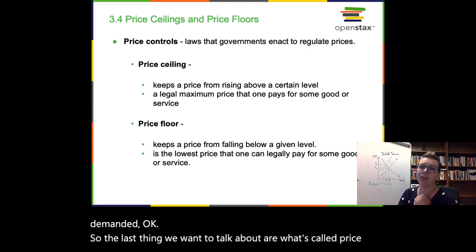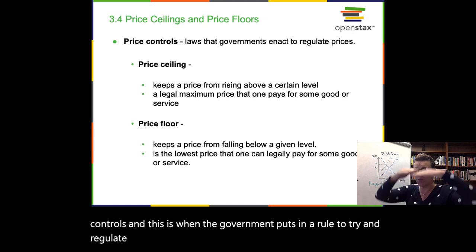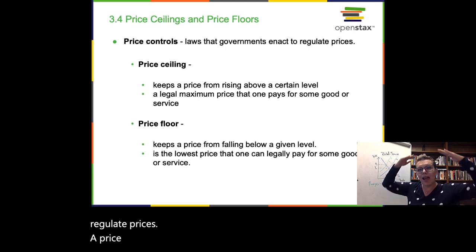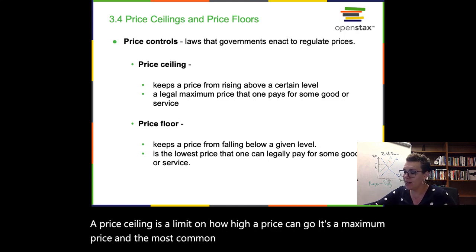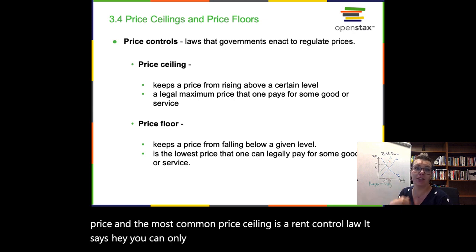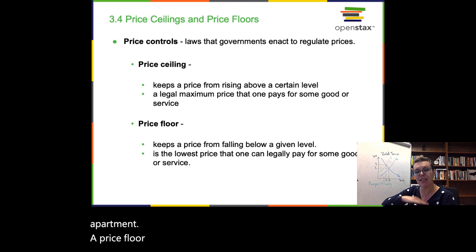And this is when the government puts in a rule to try and regulate prices. A price ceiling is a limit on how high a price can go. It's a maximum price. And the most common price ceiling is a rent control law. It says, hey, you can only charge so much for this apartment. A price floor is a minimum. It's a basement level.